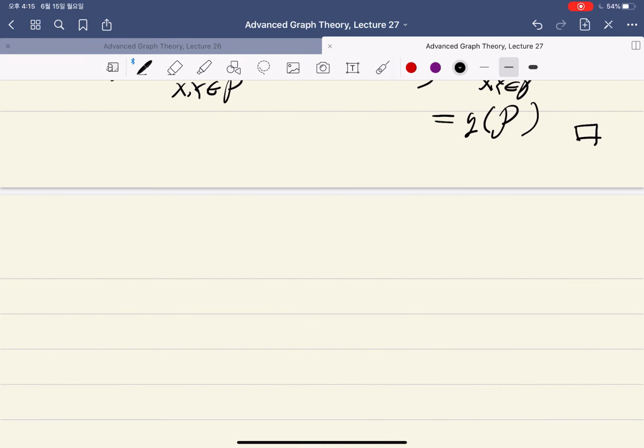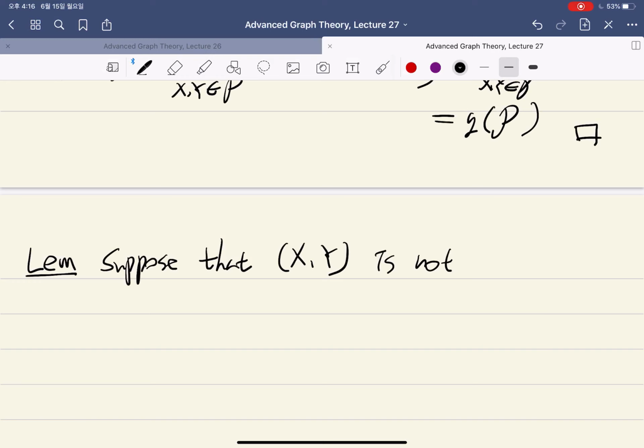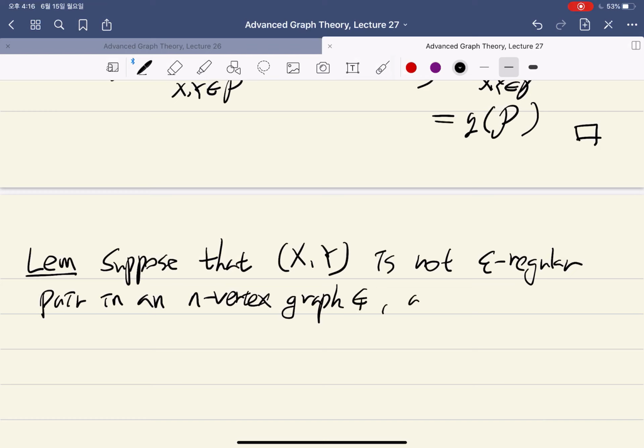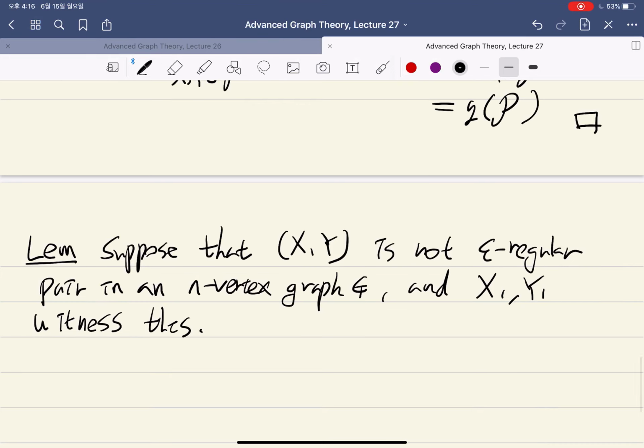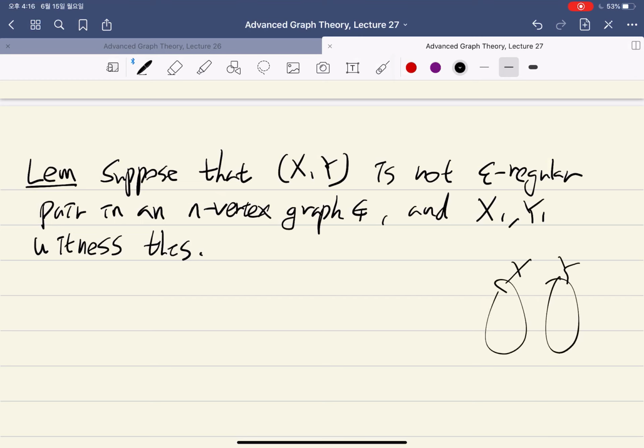And not only that, we want to prove that in a certain case, it actually increases by at least a certain amount. Suppose that X and Y is not an epsilon regular pair in an n-vertex graph G, and X1 and Y1 witness this, meaning that you have X and Y, and you take X1 and Y1, then the density between them is wrong.